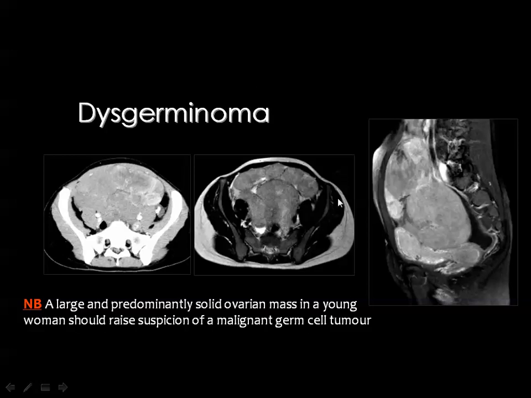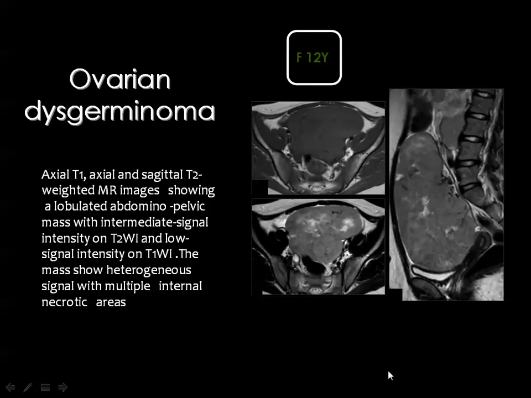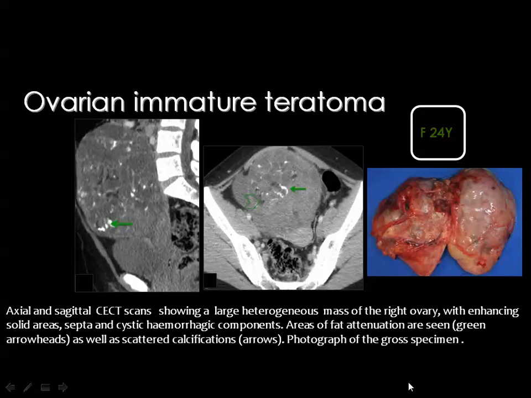Like this one, a very big lesion in the pelvis extending into the lower abdomen, and this is a female 12 years old with a huge solid mass extending into the lower abdomen. And this is also a teratoma, an immature teratoma with calcium and fat inside the tumor matrix.